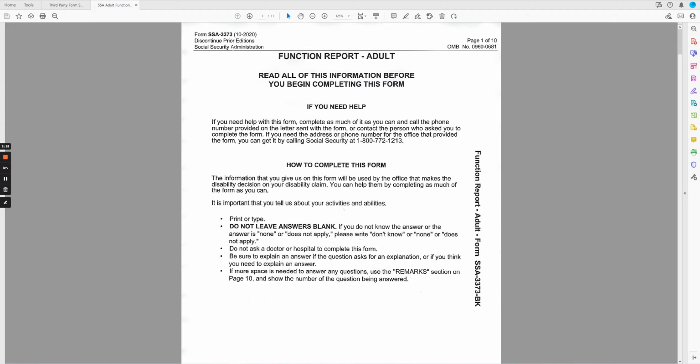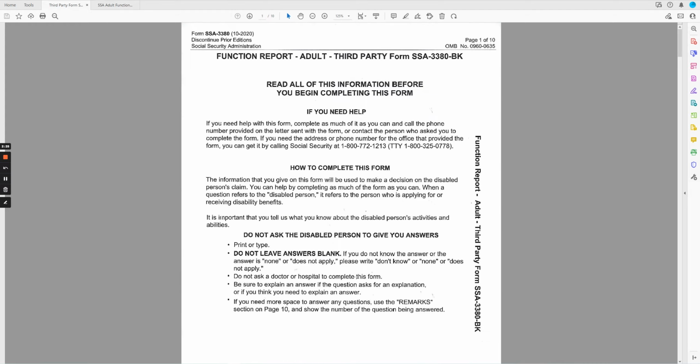99.9% of the questions on the Adult Function Report form that the disabled person fills out are the exact same questions on the third-party form. The reason is that what Social Security is looking for is inconsistencies. Are your answers completely inconsistent with what the disabled party has filled out?